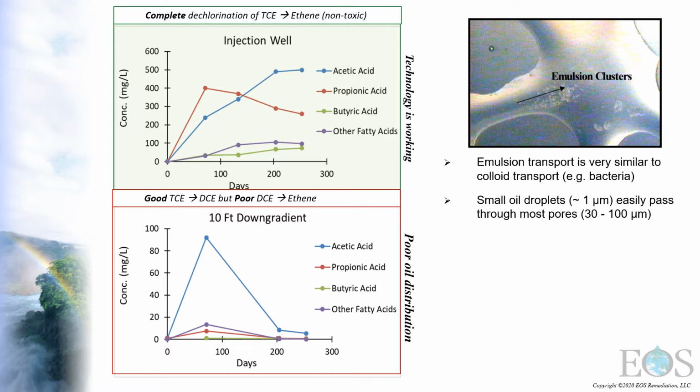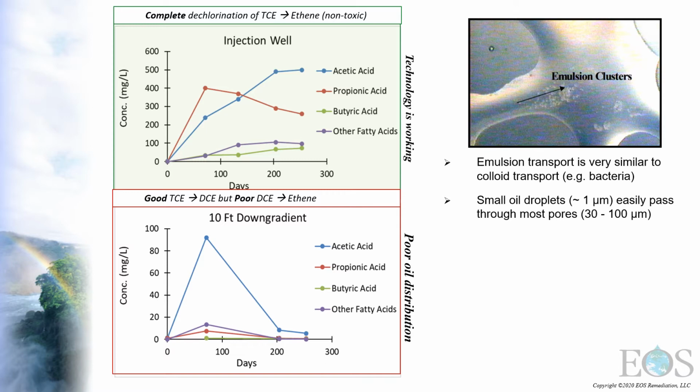And that can easily pass through most pore spaces in most aquifer settings. And you can see that here depicted in the upper right-hand corner. This is a microscope slide, and we're seeing little oil droplets as an emulsion cluster passing through the pore space. So if we had good transport, we would see a distribution of fatty acids like what we see in the graph to the left-hand side in green.